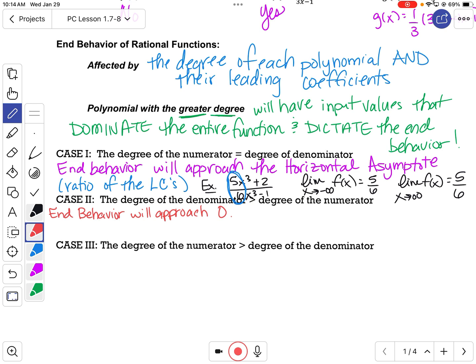The reason is that we get a horizontal asymptote there; we're going to talk more about asymptotes in just a second. We approach 0 because I have a horizontal asymptote at 0. So if the bottom's bigger than the top, our end behavior will always approach 0.